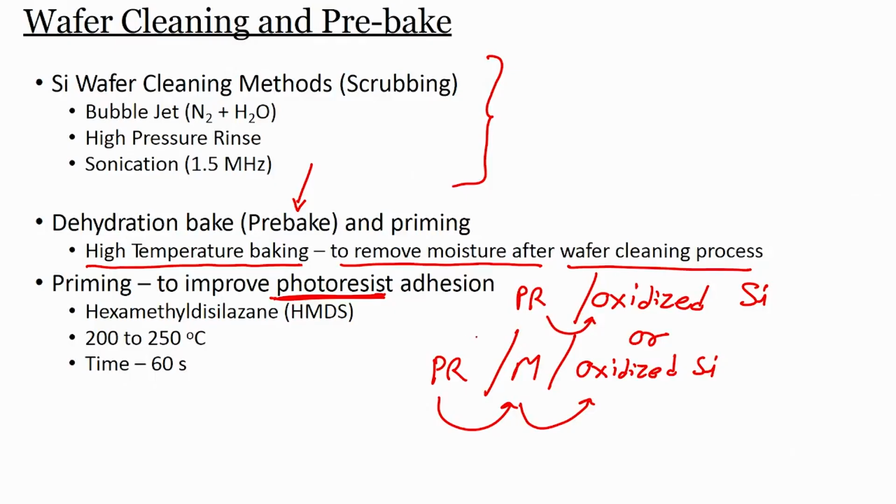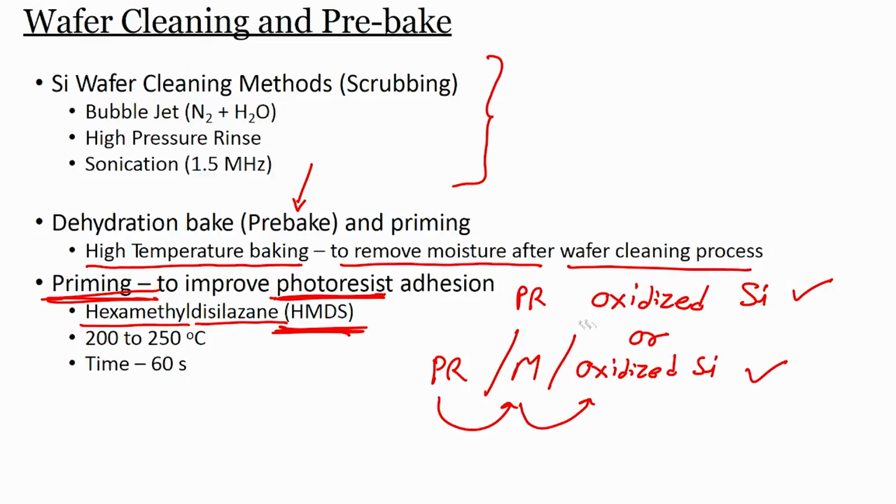You first do the priming step, which is done by HMDS, hexamethyl disilazane. Hexamethyl disilazane is used for improving the adhesion of photoresist onto the substrate.